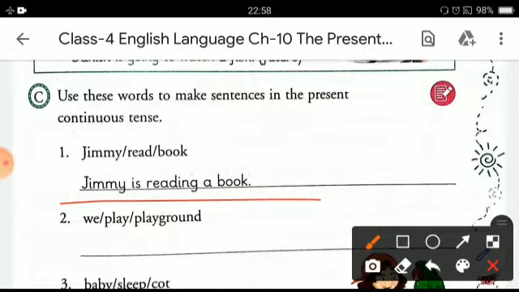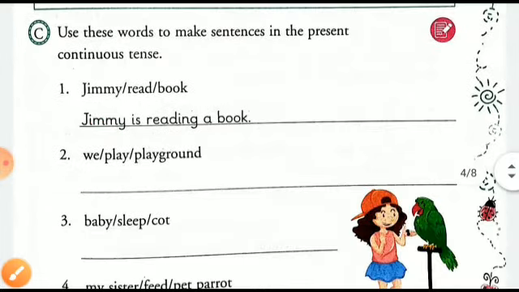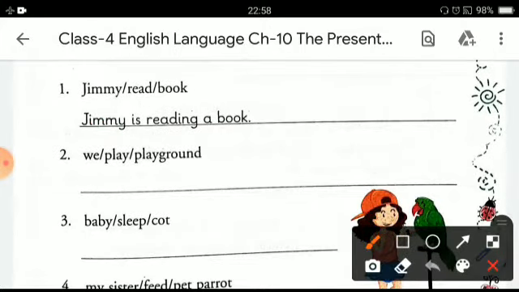The words given are we play playground. The sentence in continuous form will be formed as: we are playing in the playground. Now, in the same way, you have to make all these sentences in continuous tense.